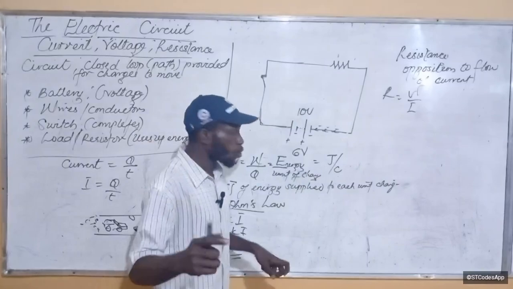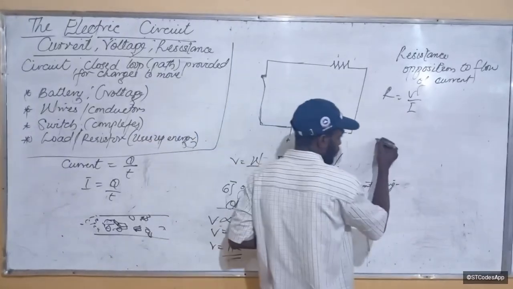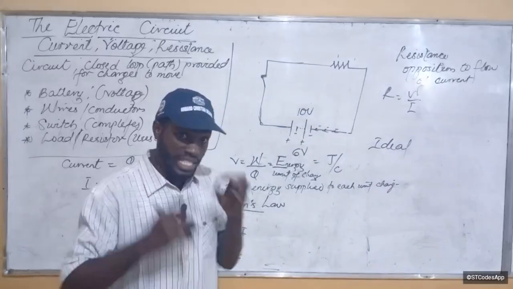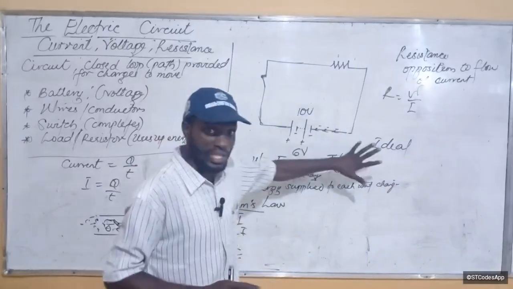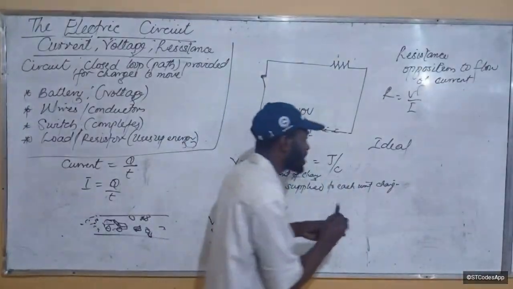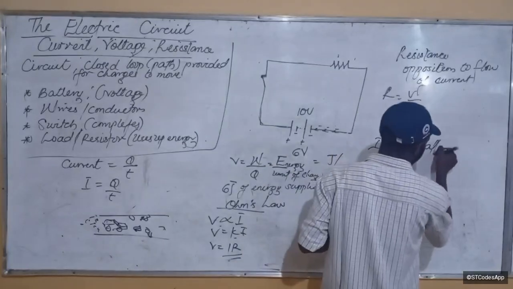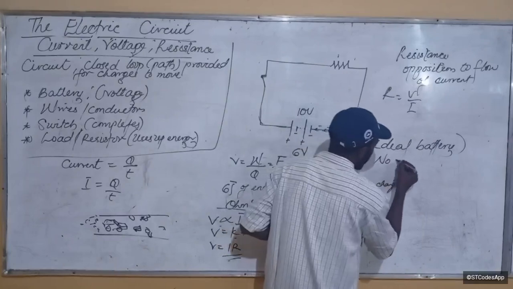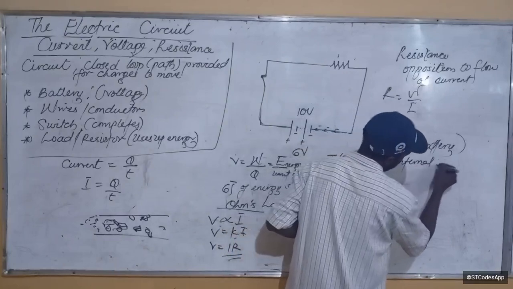Do you understand now? So for an ideal battery, we are not talking about the normal, real life battery. This is not the case. But an ideal battery is one that has no internal resistance.